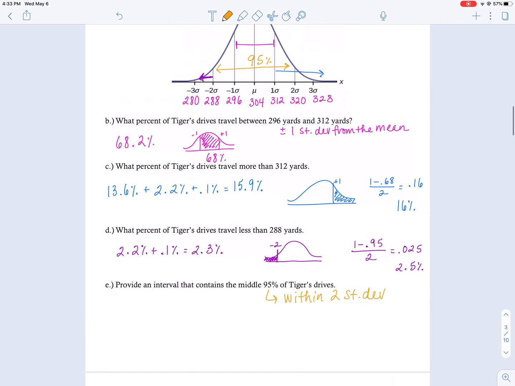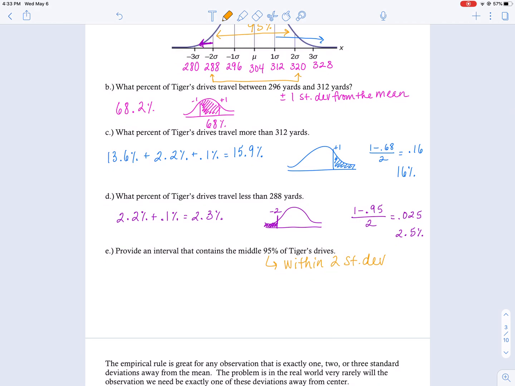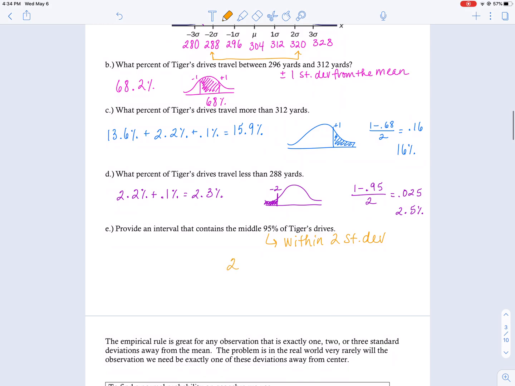So technically you see it here. Within 2 standard deviations is above and below 2 standard deviations, which was from 288 yards to 320 yards. Technically, how can I show that?